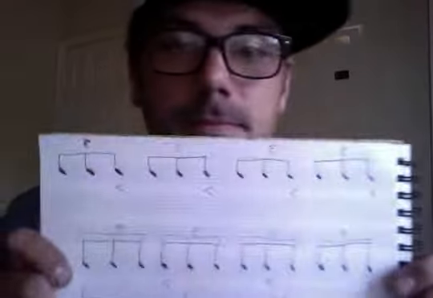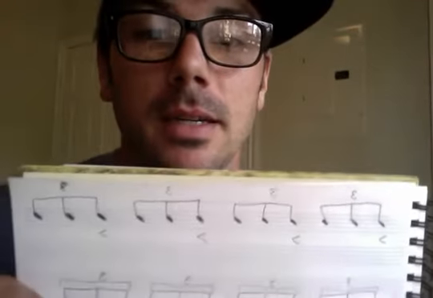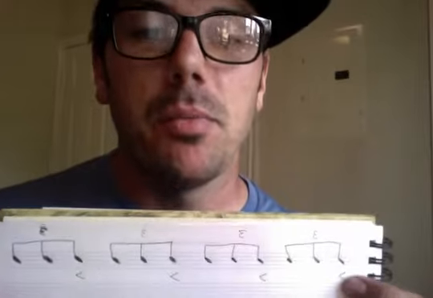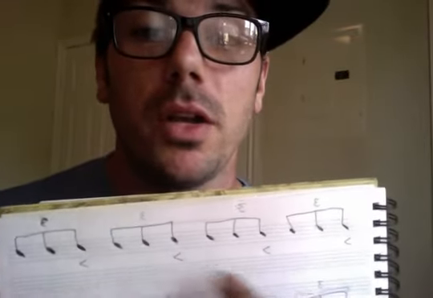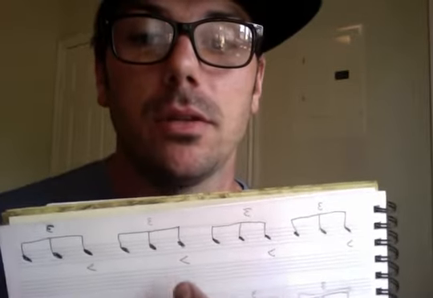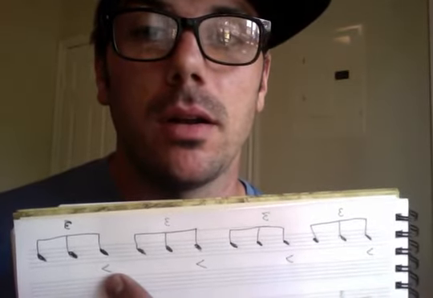So going over the basic triplet rhythm, I have it written out right here. So at the top there. Notice, if you put an accent every 3 notes, in 4/4, you get 4 accents. 1, 2, 3, 4.